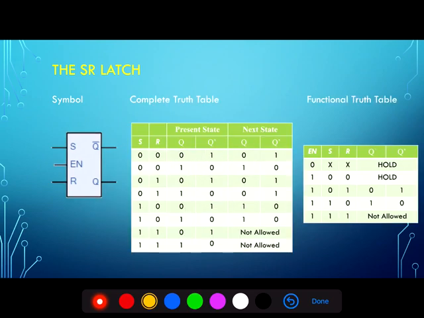Now the complete truth table for all possible input combinations of S, R, and the output Q and its inverse is shown here in this slide. And we've just shown the same thing here. This complete truth table assumes that enable is high and the output can change.